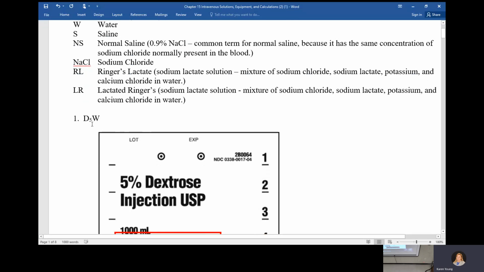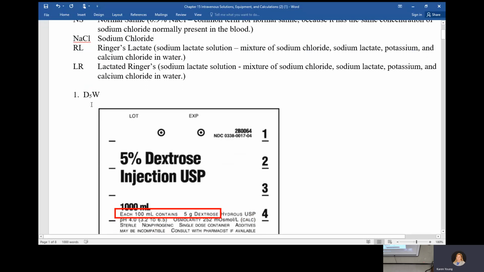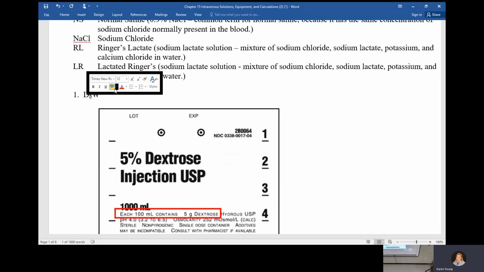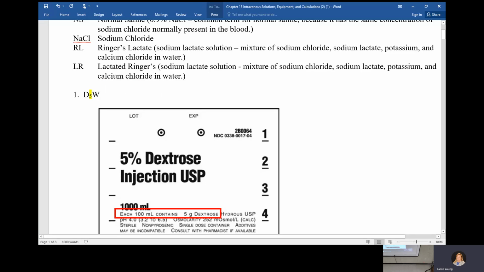So how you will see it written is something like the D5W. This little 5 right here states 5%. It's 5% dextrose in water, okay?